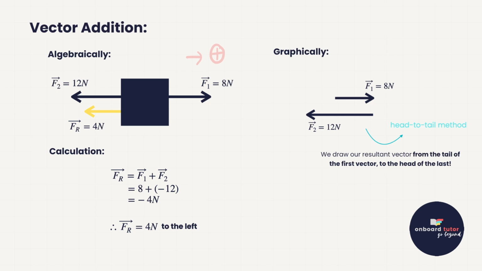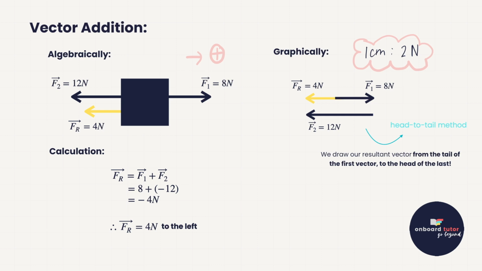So if we were to draw that, it would look something like this. And if someone were to measure that according to your scale, it should actually make sense and come to 4 newtons. So if you maybe use the scale of 1 centimeter representing 2 newtons, this length should be 2 centimeters representing 4 newtons, which is pointing to the left.